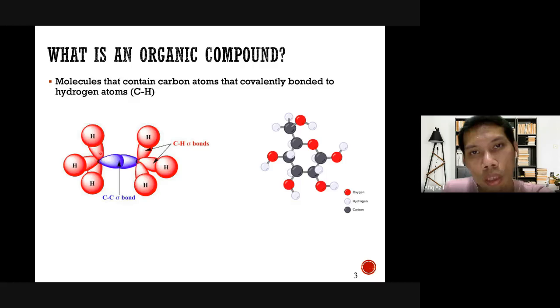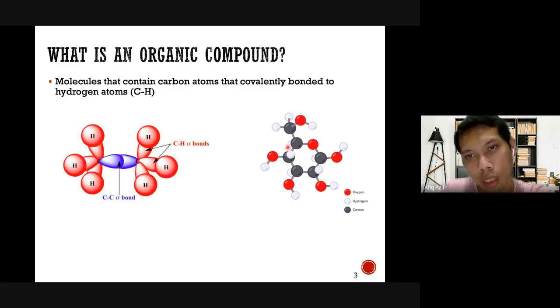If there is only one carbon available, like CH4, then this carbon will have a covalent bond, or sigma bond, with each hydrogen. So basically, if you see any compound that contains carbon and hydrogen, it is most definitely an organic compound.